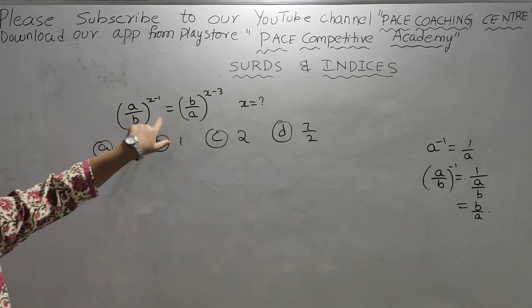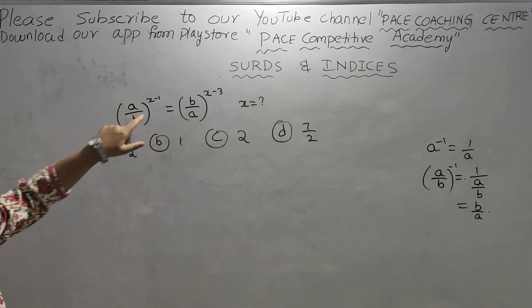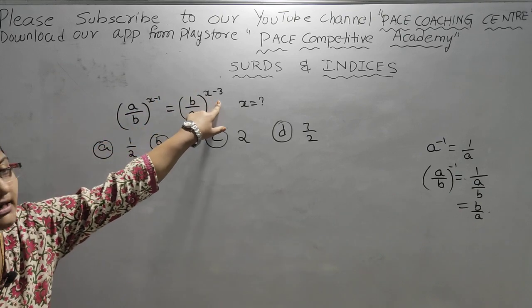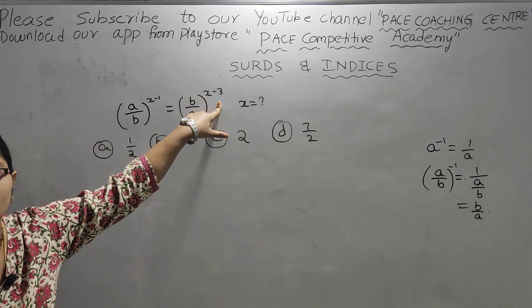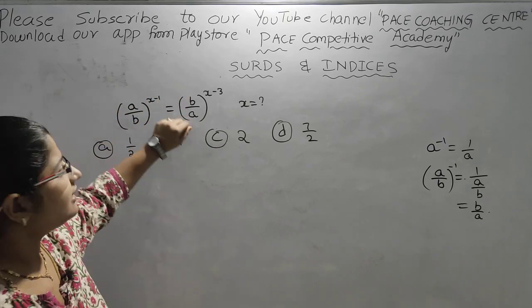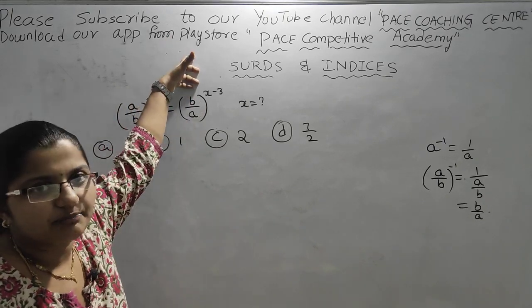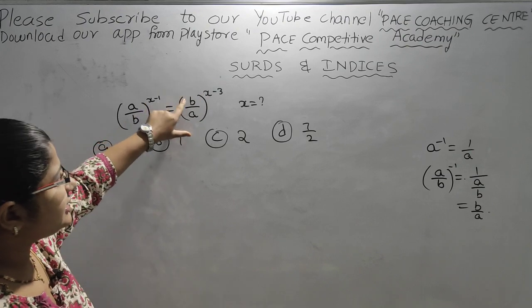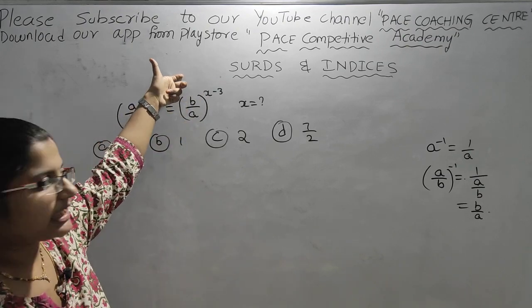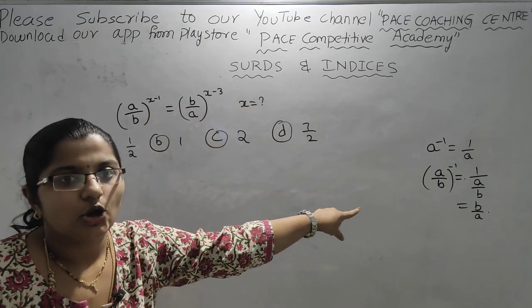See here, if the equal to symbol is there and the bases are same, we can even equate the powers. Okay. So, here the base is A by B, here the base is B by A. If we can inverse any of the bases, for example, if I am taking B by A, I can inverse B by A as A by B by using the law of indices.